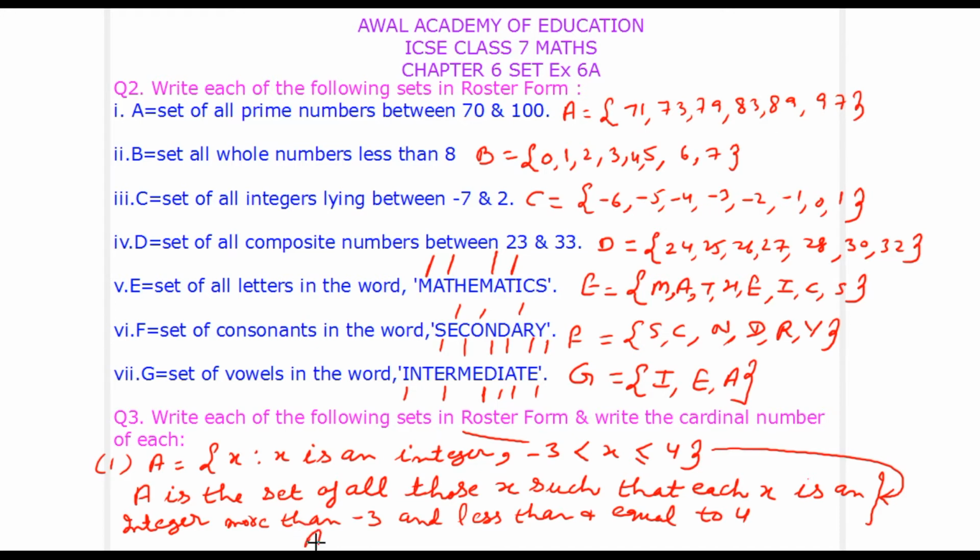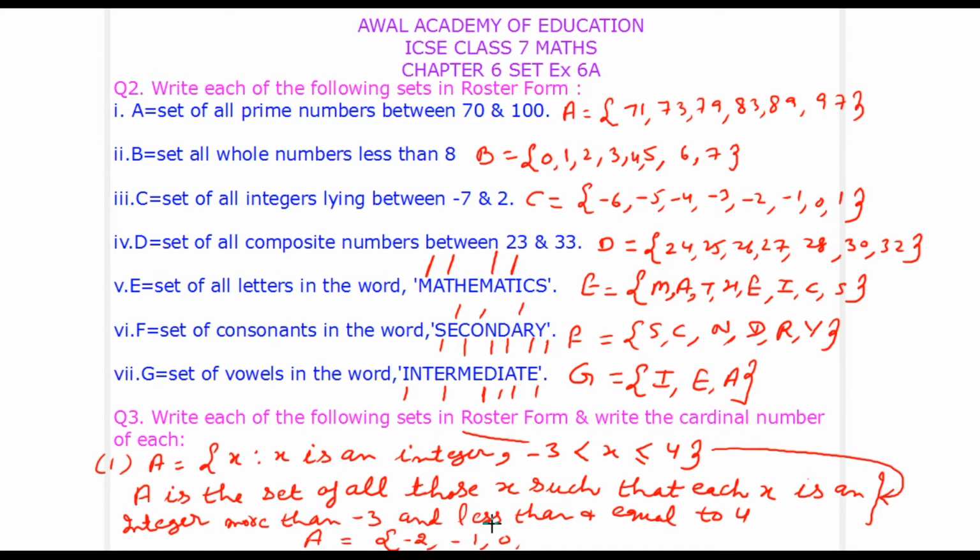A equals, within braces, more than means bigger than, so -2 is greater than -3, -1 is also greater than, 0 is also greater than.